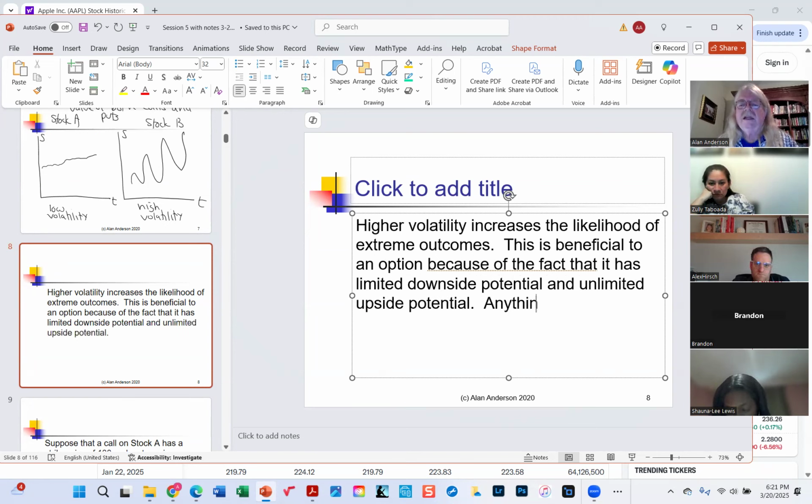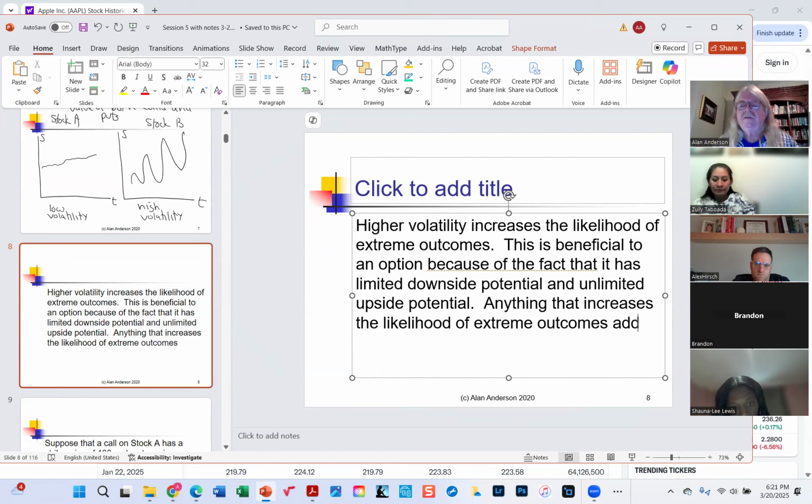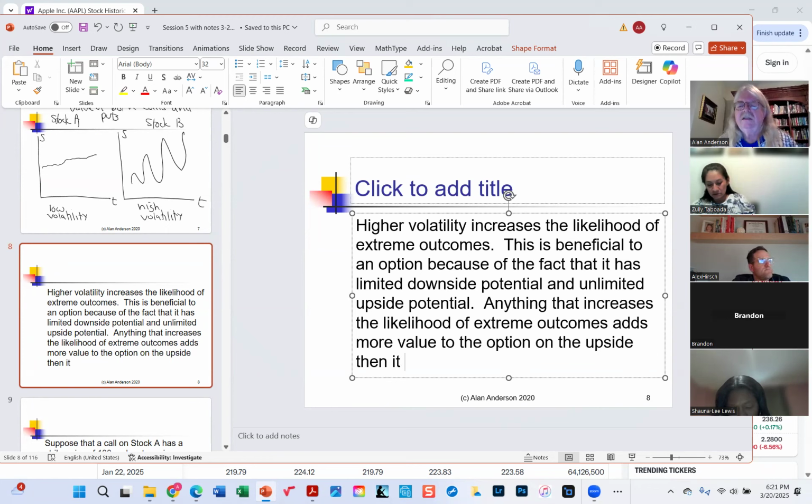So anything that increases the likelihood of extreme outcomes adds more value to the option on the upside than it subtracts on the downside.